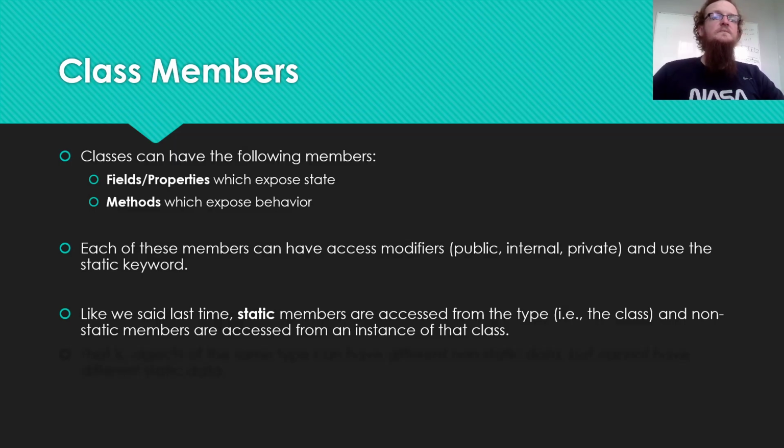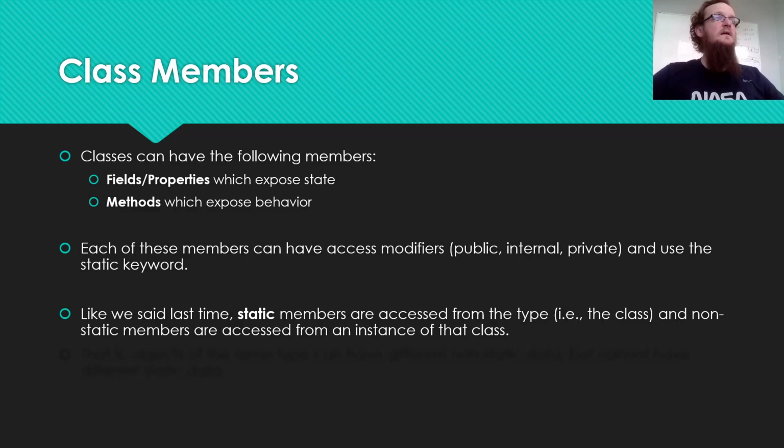So that depth is basically if you have a static method or a static field, those things are accessed from the actual type, that is the class itself or the template. Other non-static members, fields, properties, or methods, are accessed from a specific instance of that class. So you wouldn't necessarily want the accelerate or decelerate methods to be static, because you want each car to be able to accelerate and decelerate by itself. You don't necessarily want all cars in existence to accelerate and decelerate at the same rate.